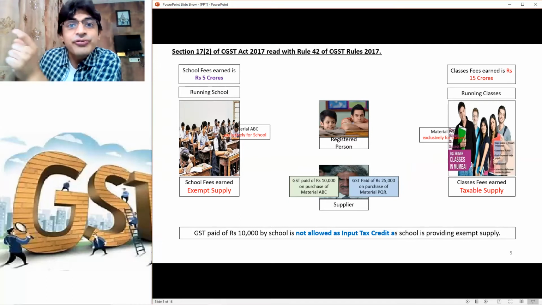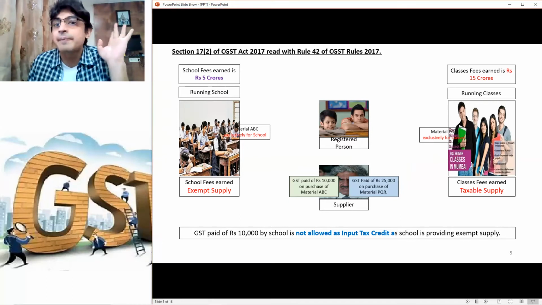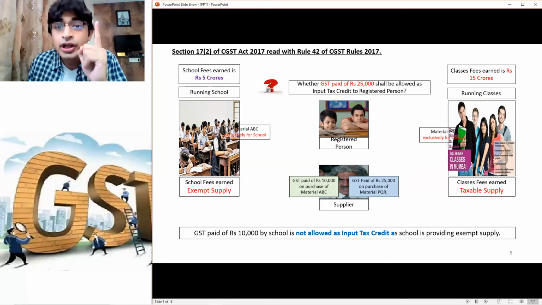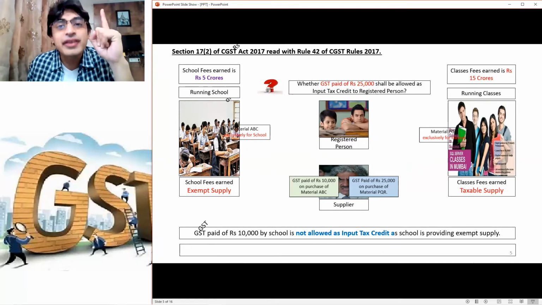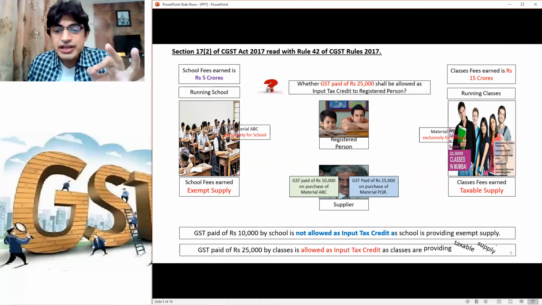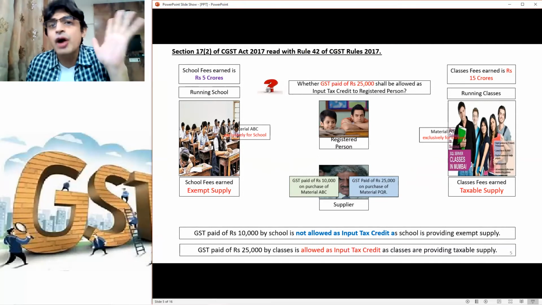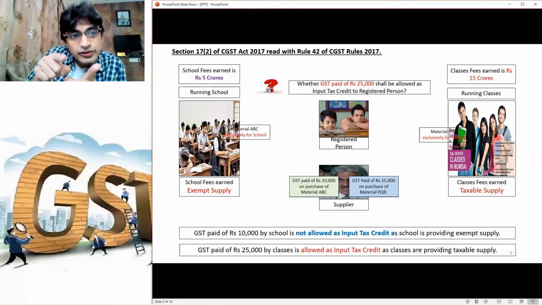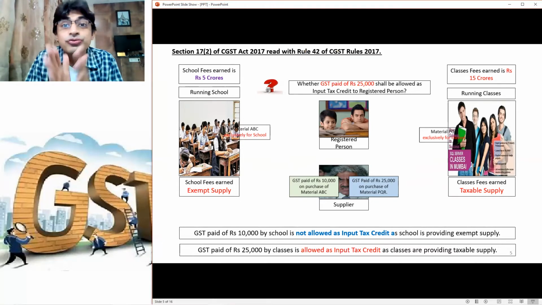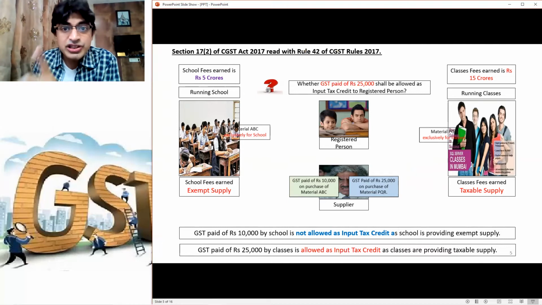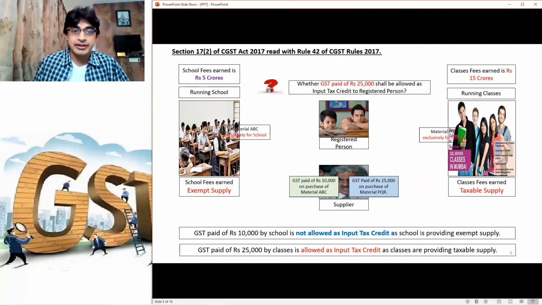This material is used only and exclusively for taxable supply. Will this 25,000 be allowed? Answer is yes. Why? GST paid of 25,000 is allowed as input tax credit because this material is exclusively used for taxable supply, classes. Okay, so this 25,000 ITC he will get.